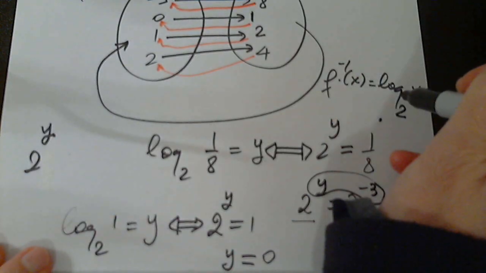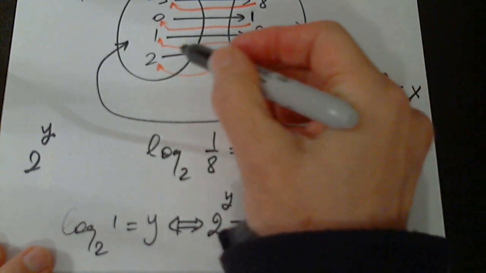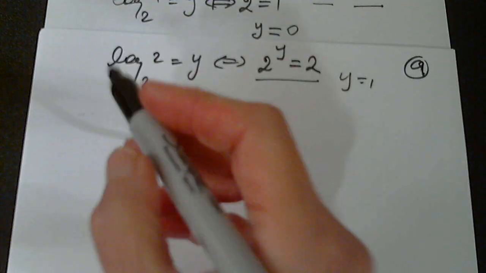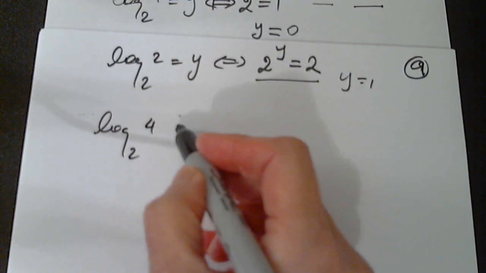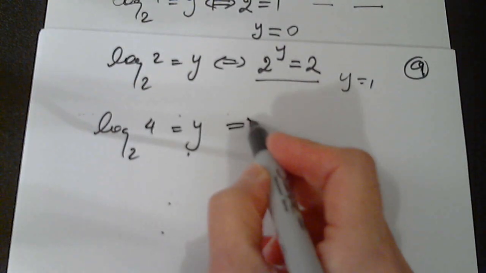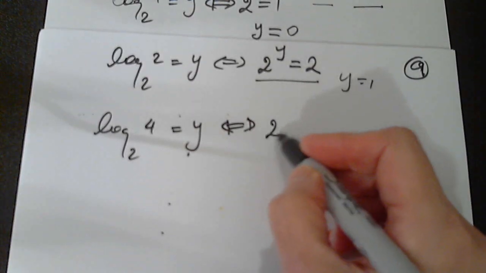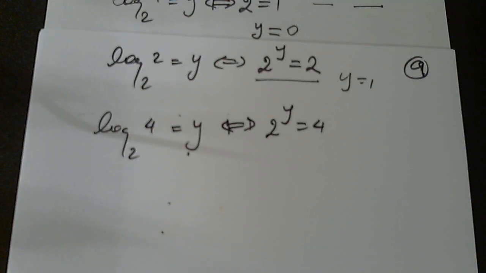So we show that when we apply log base 2 to 2, we recover 1. And now we have to apply it to 4. Log base 2 of 4 is y. I have no idea what this means, but I know that 2 to y equals 4. What can y equal to? There is only one option. y equals 2. That's it.